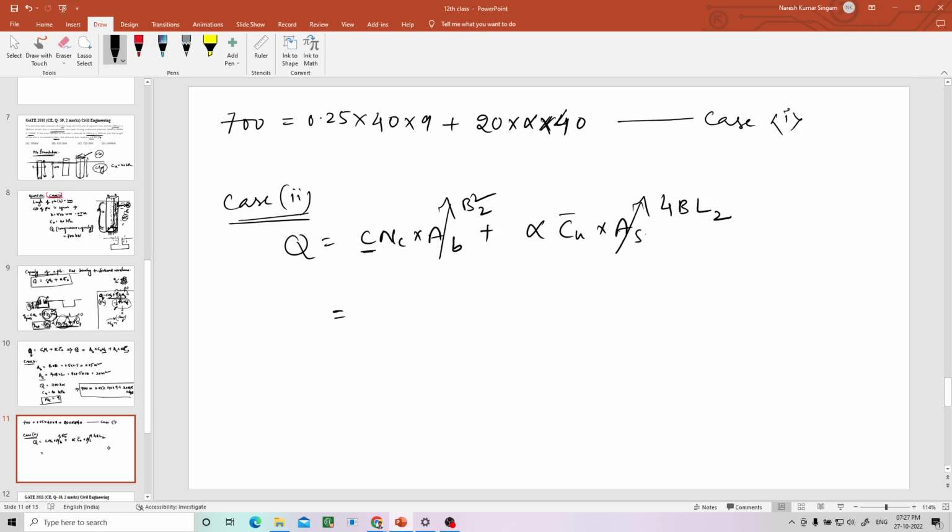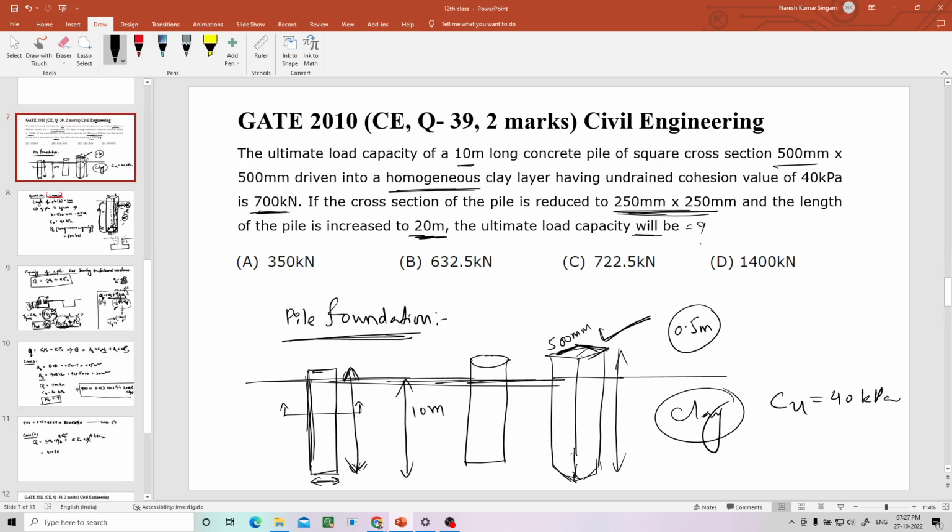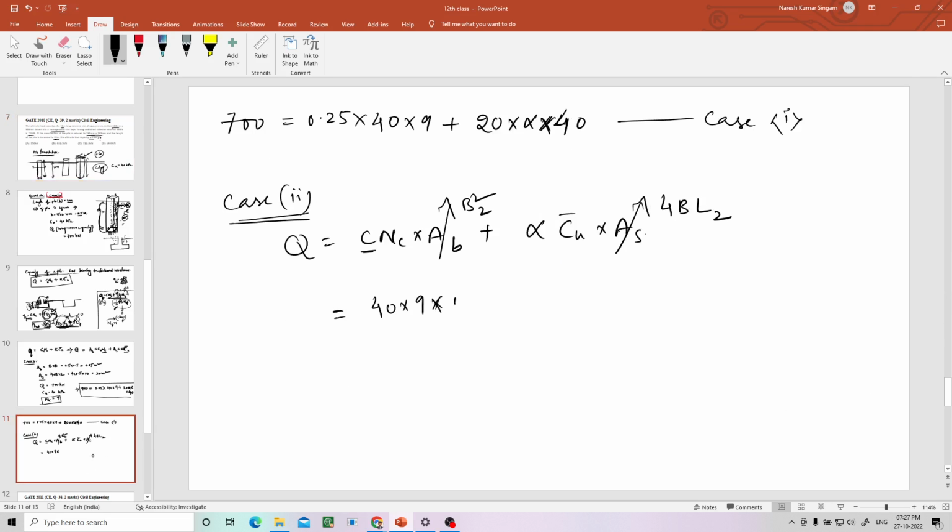Again, C is 40, NC is 9, AB is B2 square. Here B2 square is how much? This is 0.25 into 0.25, right? 0.25 square.